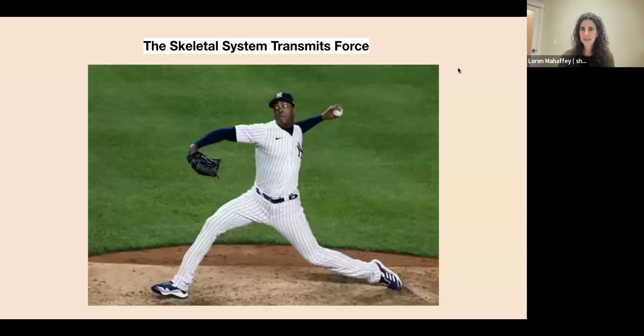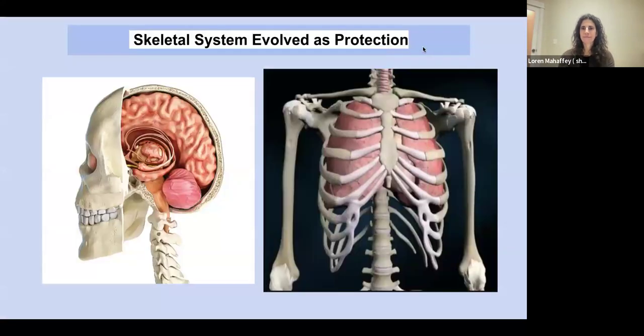And the last property of the skeletal system is that the skeletal system evolved as protection. The skeletal system also, of course, protects certain areas of the body, organs, our brain, our spinal cord, from mechanical forces that could damage them.